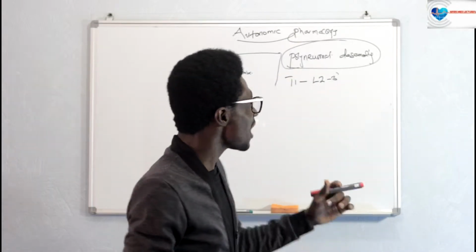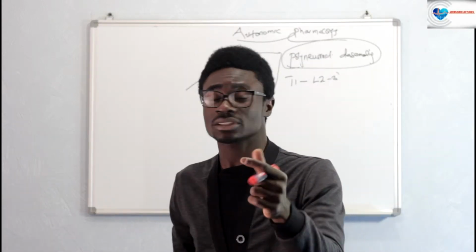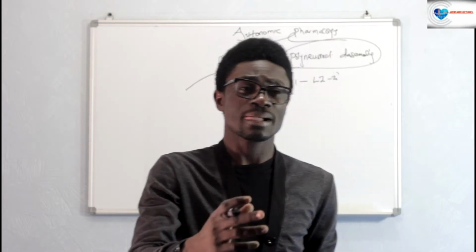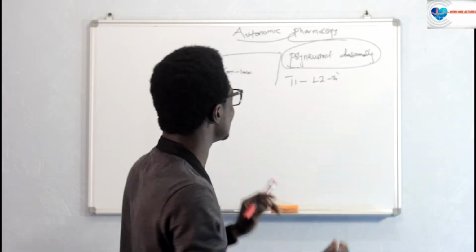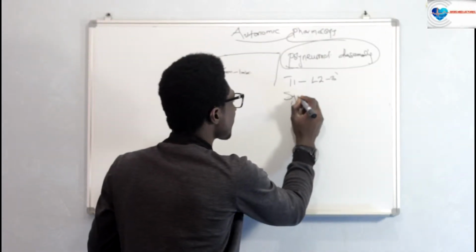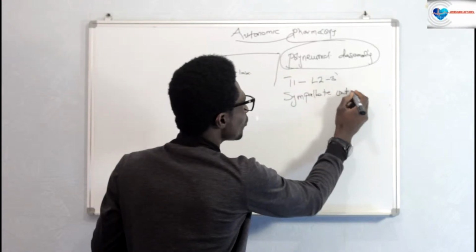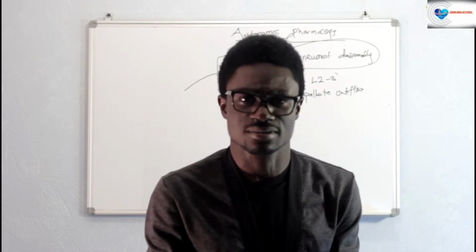You understand? Now this sympathetic outflow, we're talking about the preganglionic sympathetic fibers, guys. You understand? And these preganglionic sympathetic fibers, or the sympathetic outflow, are actually axons.